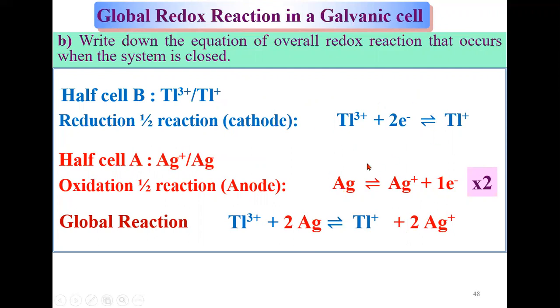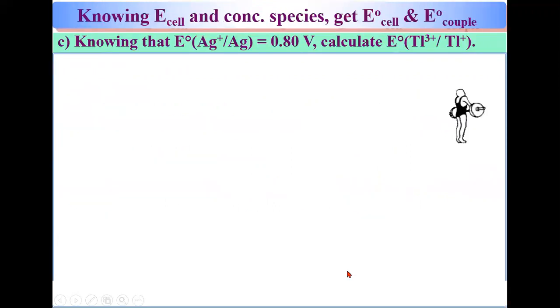Here, clearly, there's no oxygens, no hydrogen, so it's very easy to balance. Now, knowing that the E naught of the silver electrode, the silver ion couple, is 0.8, calculate the E naught of the tellurium couple. This is a little bit harder, and that is, I don't have the E naught value, okay?